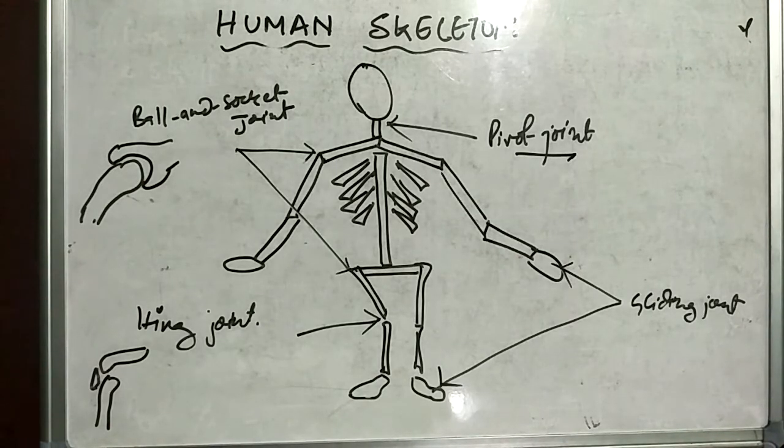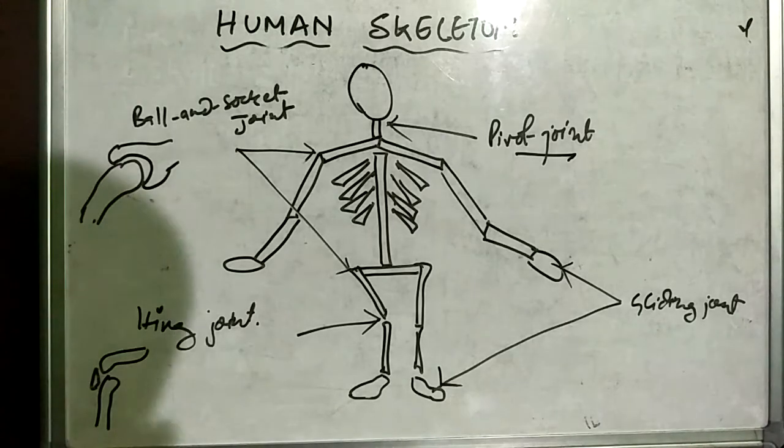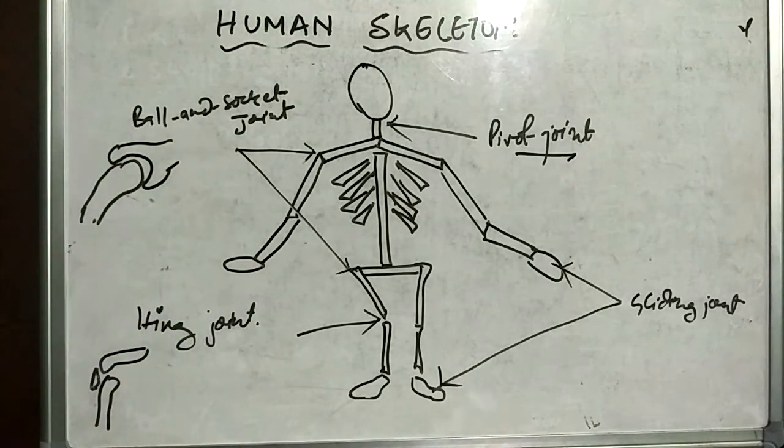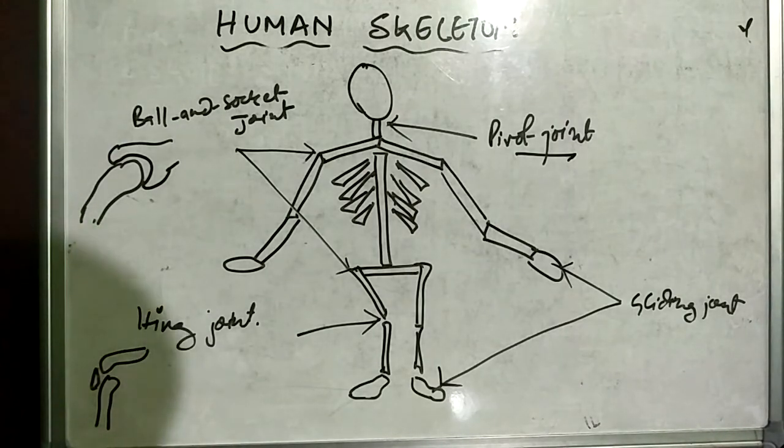The most common example is in our knees, where there is also a kneecap. This type of joint is found in elbows, knees, fingers and toes, and the hinge joint allows movement in one plane only. That means it moves in one place only.